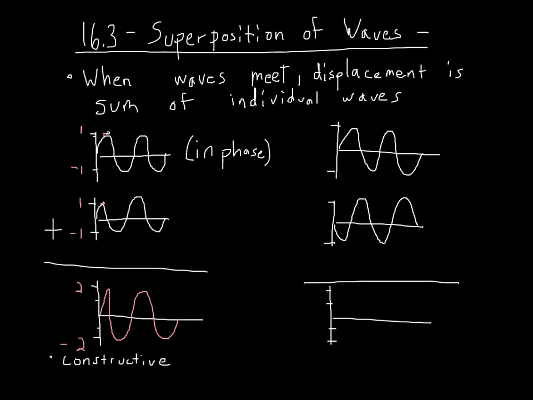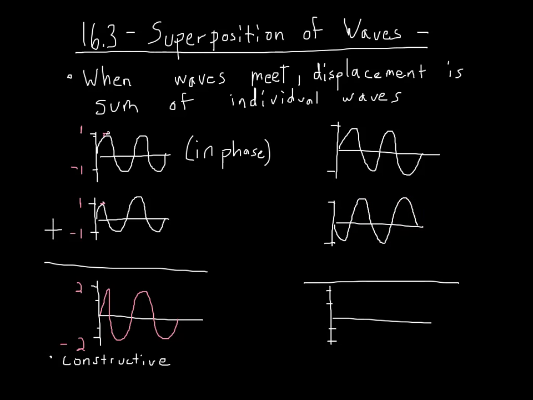Now, conversely, we can have a situation where we have a maximum of wave number 1 and a minimum or a trough for wave number 2. So our wave number 1 goes up and goes down, goes up, goes down, and then goes back up. And our wave number 2 starts out by going down and then goes up and then down and up and back down.